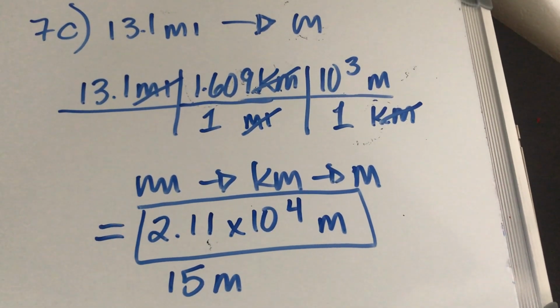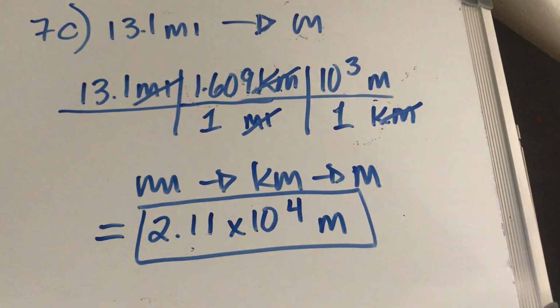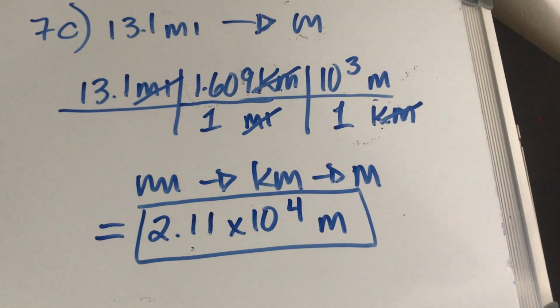Does that make sense? Cool. I know that this is a stupid rule and it doesn't help you at all, but mine is if it looks cuter in scientific notation, do it that way. If it looks more complicated, then don't do it that way.